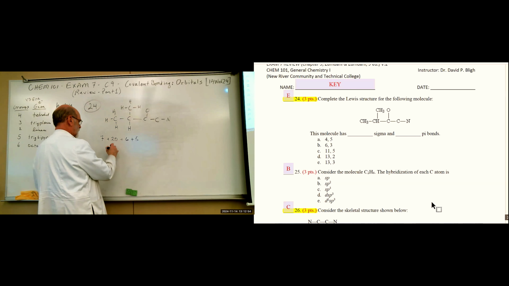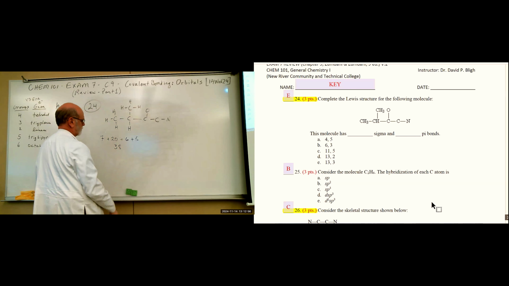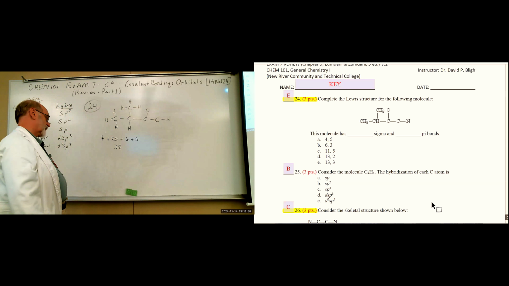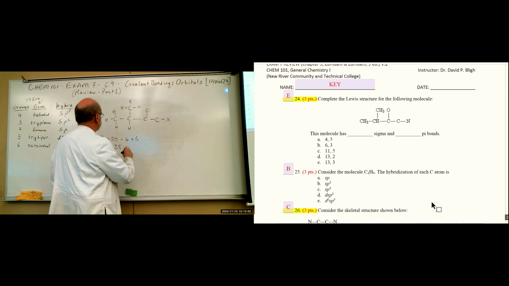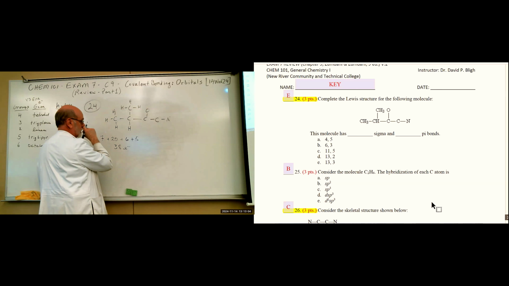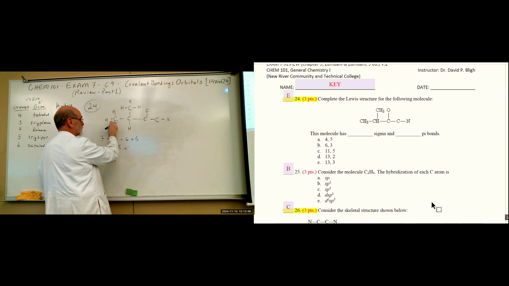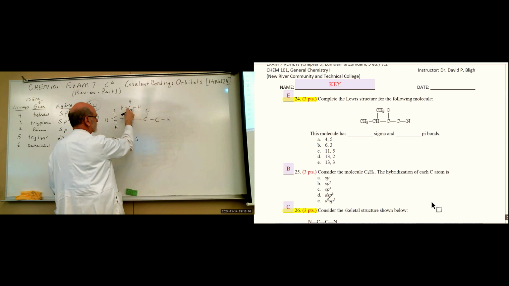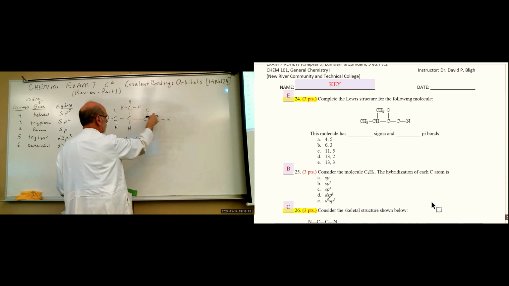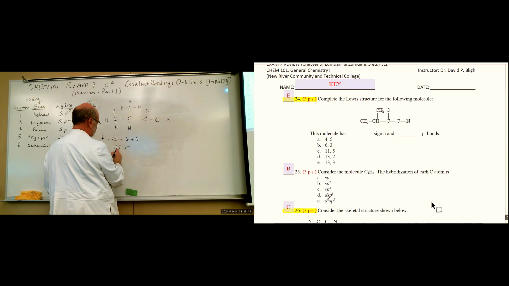So 38, right? Is that correct? 6, yeah, 38 electrons. Okay, we've already established connections for 2, 4, 6, 8, 10, 12, 14, 16, 18, 20, 22, 24, 26.